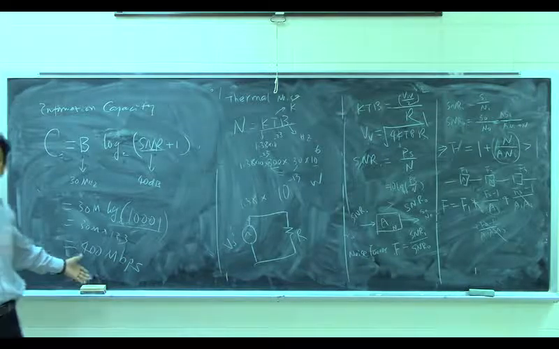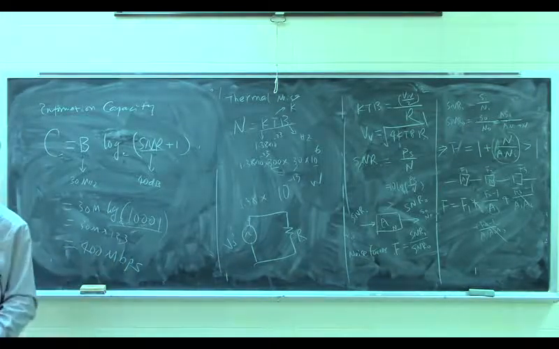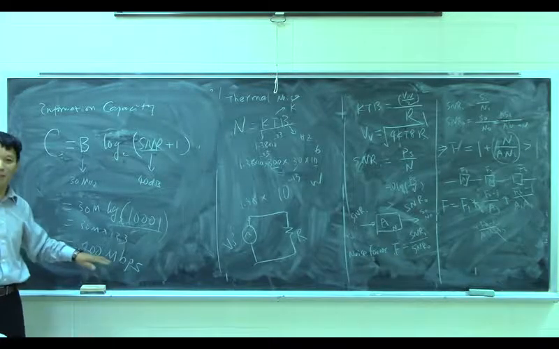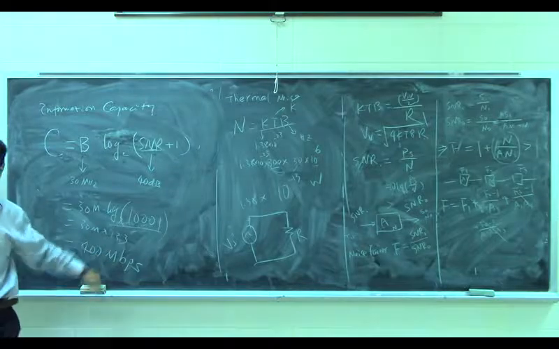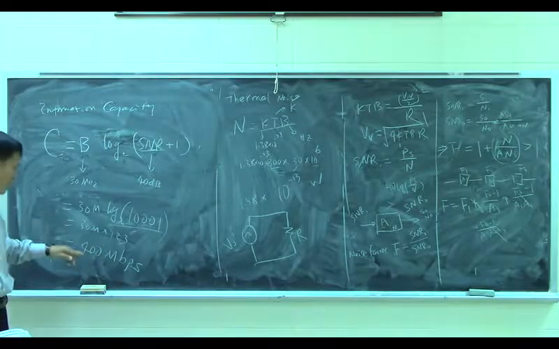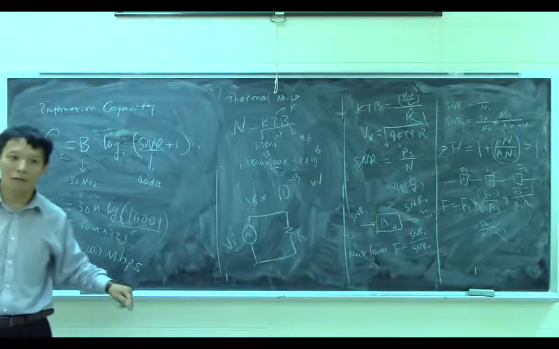That is the capacity. You cannot transmit faster than this. In real life, you will transmit much slower than this, but that is the maximum, because other factors will affect the transmission. This is called Shannon's theory.